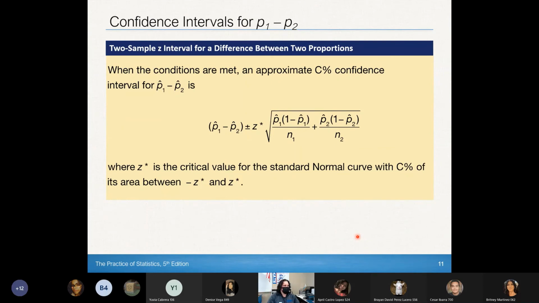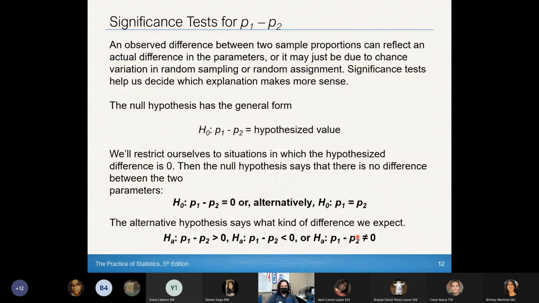All right, so this is how we will construct confidence intervals. And now we'll move into the chapter 9 part of this, which is significance tests for P1 minus P2. An observed difference between two sample proportions can reflect an actual difference in the parameters, or it may just be due to chance, variation in random sampling, or random assignment.